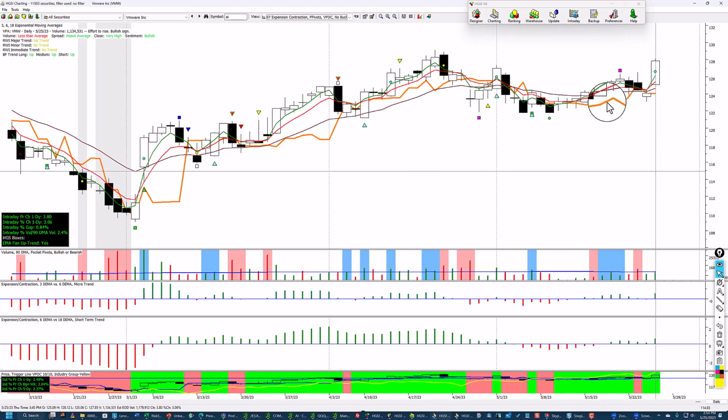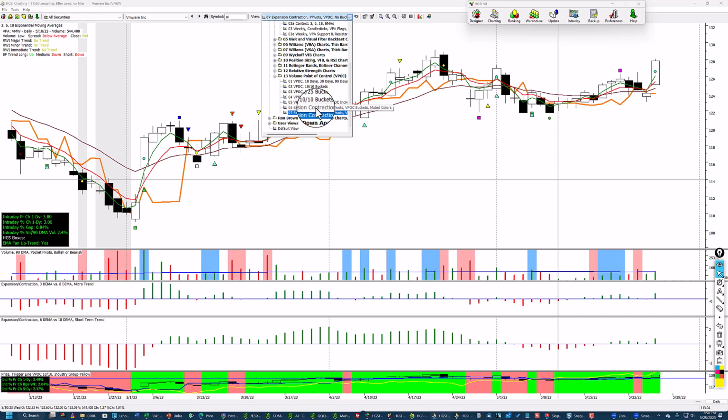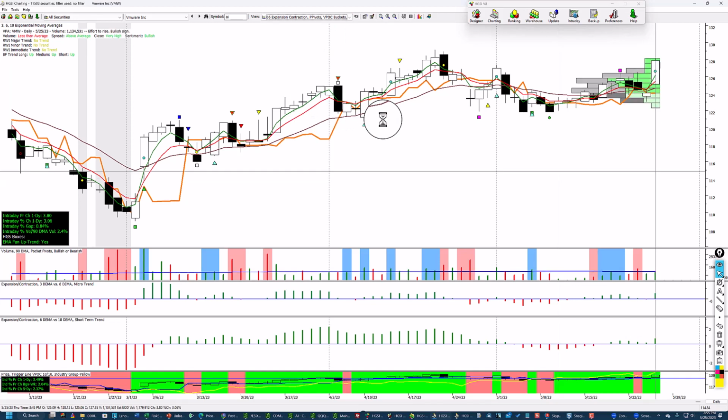This orange line here represents the volume point of control. And you can see it corresponds to the green down here. So when the bulls are taking over based upon a 10-day period, and I'm going to go up to the prior chart, this shows the 10-day period.